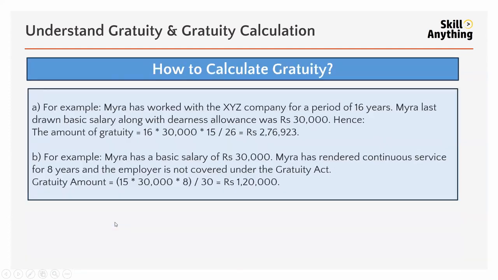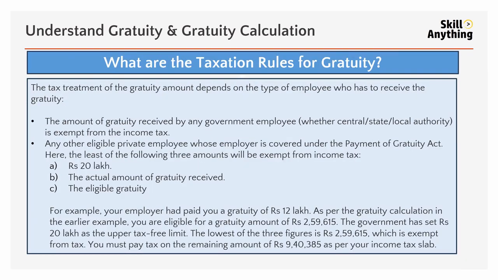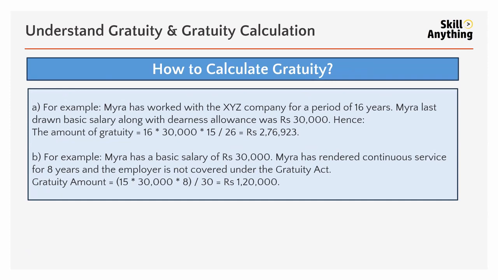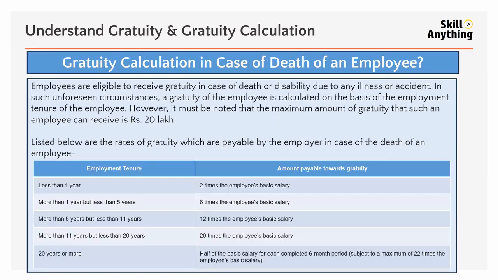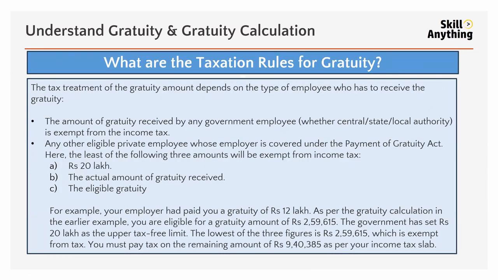Myra's eligible gratuity is 2,76,923, the actual gratuity received is 12 lakh, and the maximum limit is 20 lakh. So the lowest one is the eligible gratuity, 2,76,923. That amount is tax exempted. Less that amount from 12 lakh, and on the remaining amount we have to pay tax.